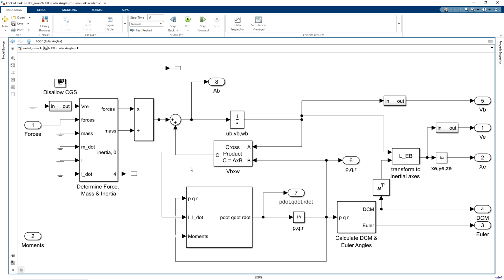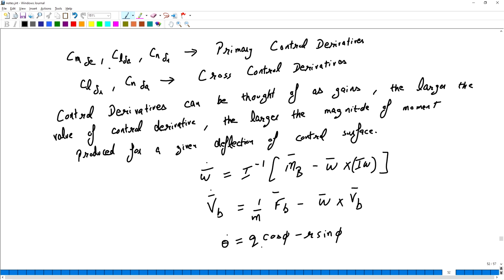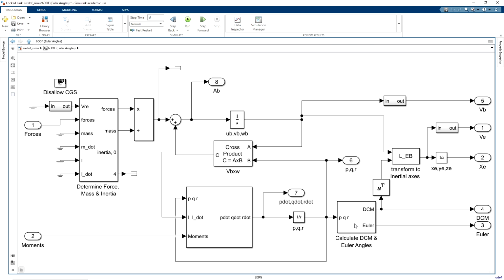Now, to get confidence in this model, let us first focus on theta dot. Theta dot is q cos phi minus r sin phi. Let us check, do we have this equation in this block or not? Of course it will be there, we just need to look carefully. If we see this block Euler angles, if we are integrating these Euler angles, we should get Euler angles.